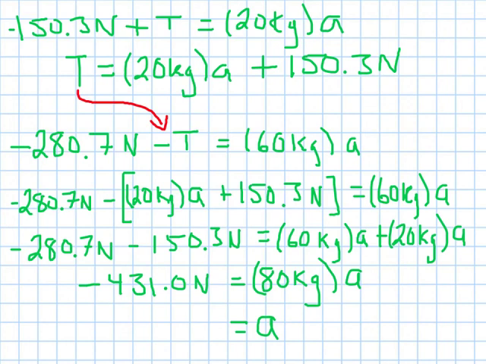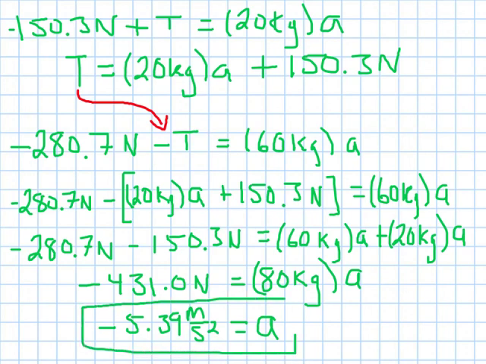This means I'm going to get a negative acceleration, which is okay, because negative in my coordinate system was downhill, and that's definitely the way that I would expect this whole system to go. So my final answer here is going to be a negative 5.39. Newtons divided by kilograms will leave me with meters per second squared. And that is the final answer. That's the acceleration of the sled and the mom together heading down the hill.